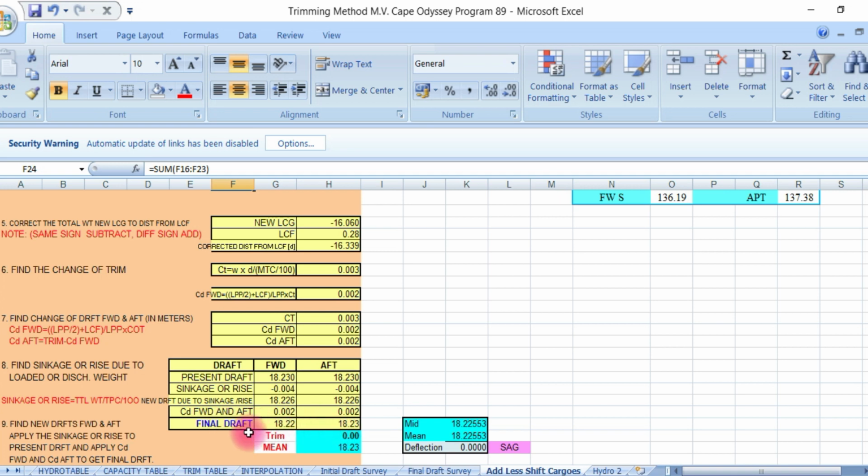It's almost even keel. His final drop is 18.22, updraft is 18.23, and his mean is 18.23. So it's almost even keel. His stream is 0, so his arrival condition is correct.